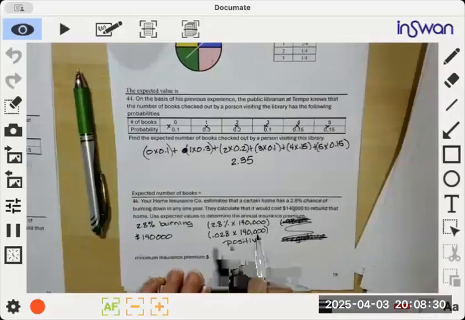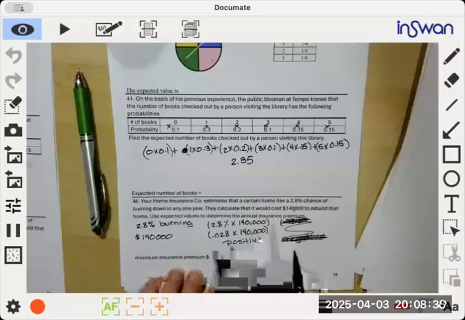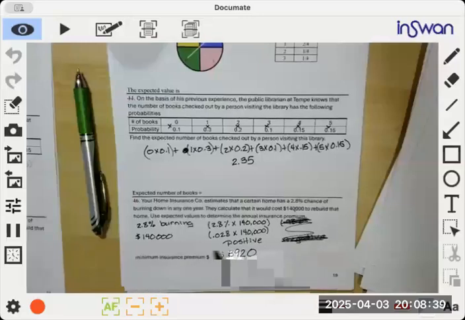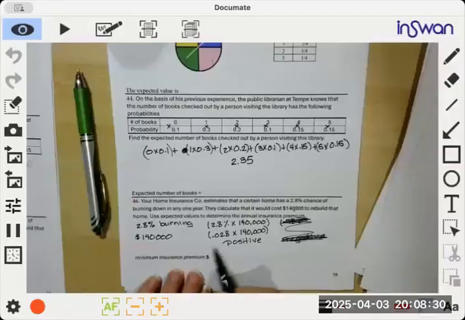So 0.028 times 140,000 is just going to be 3,920. Okay, what question next?